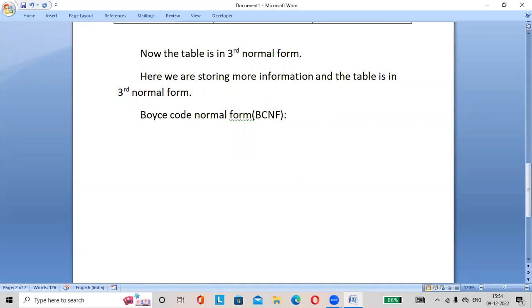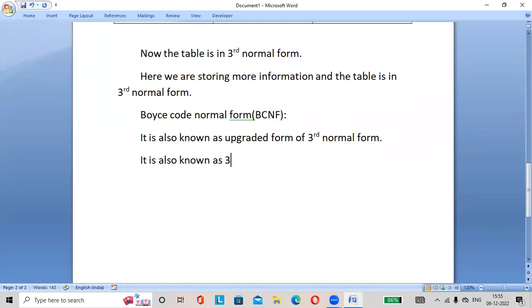It is also known as the upgraded form of third normal form. It is also known as 3.5 normal form.